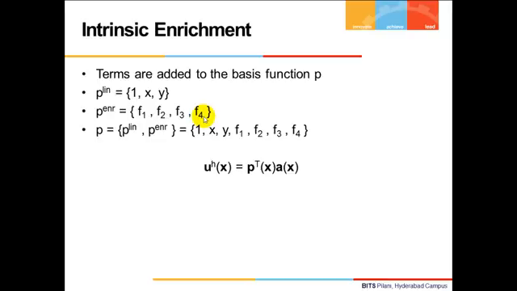So your displacement function uh of x will become p transpose of x into ax. Ax, as we discussed before, is the additional unknown degrees of freedom because of enrichment.